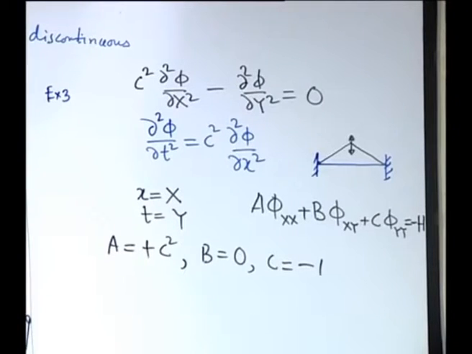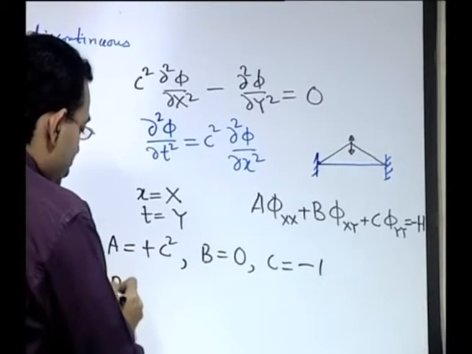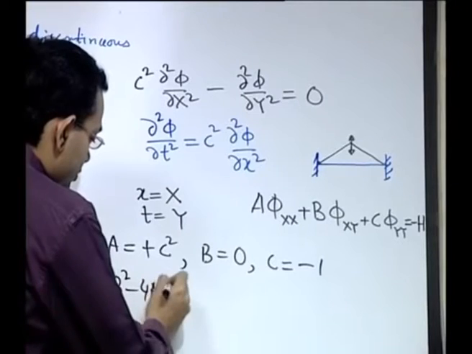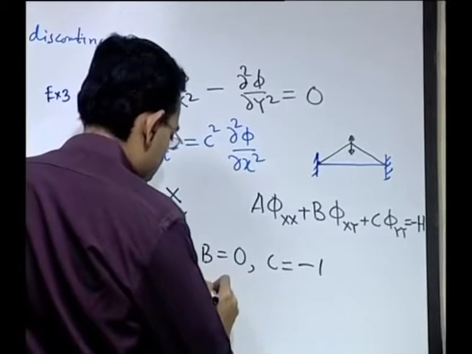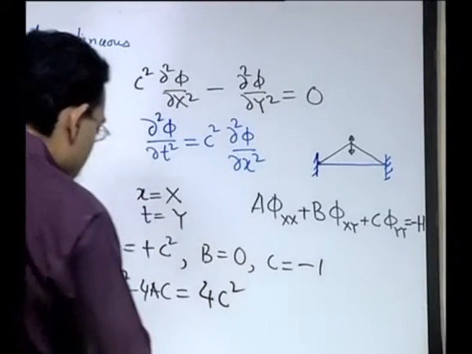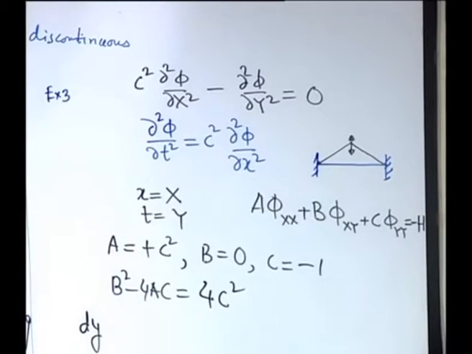Okay. Then what is b square minus 4ac? So what is the characteristic dy dx?